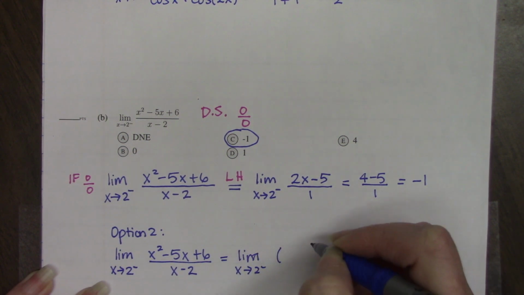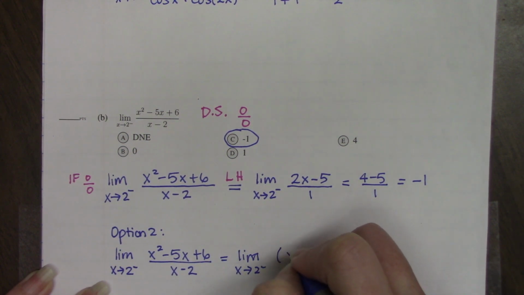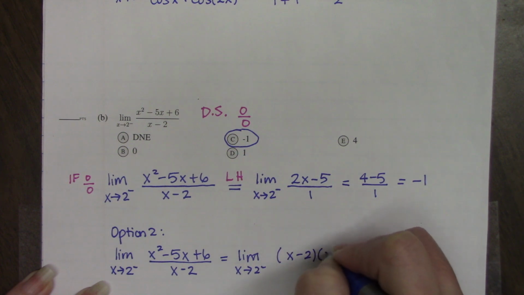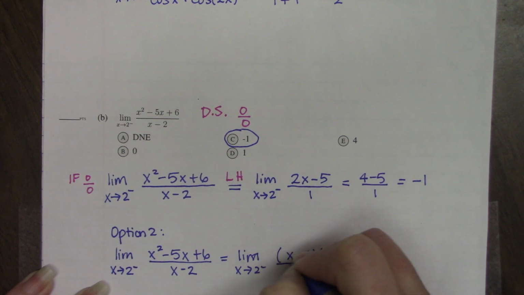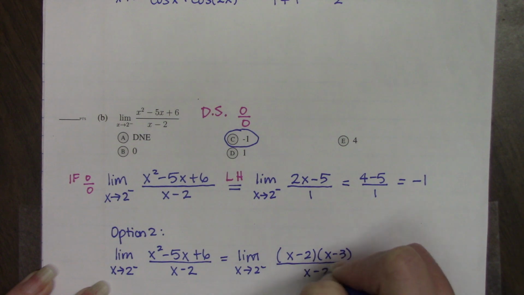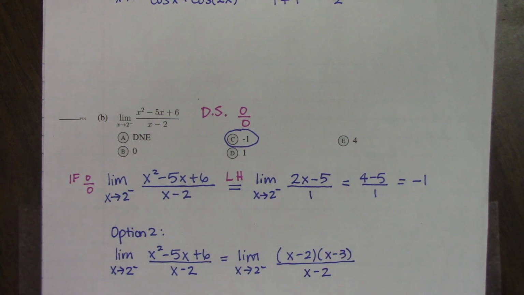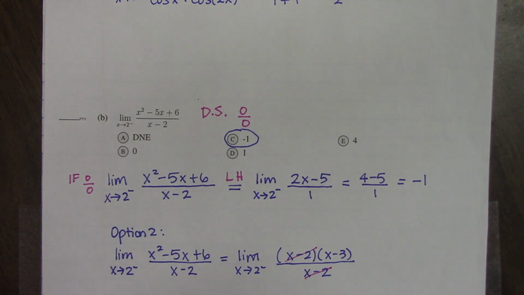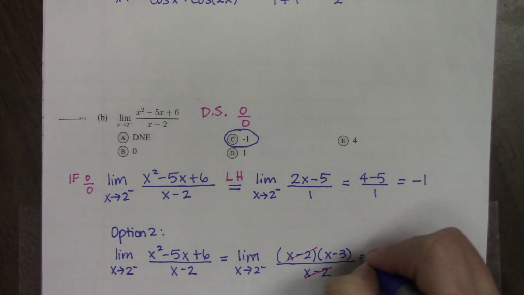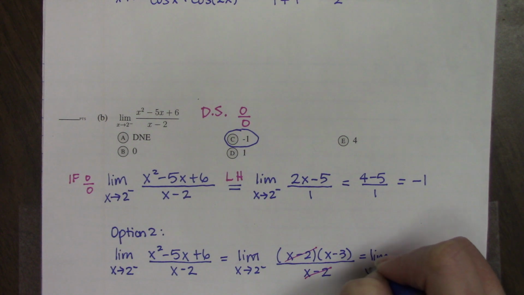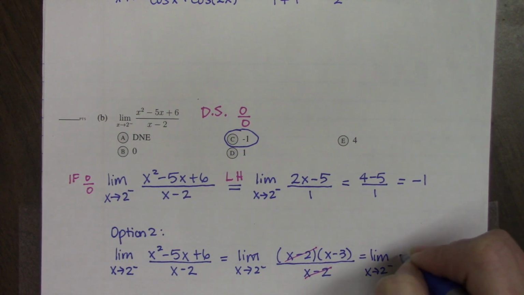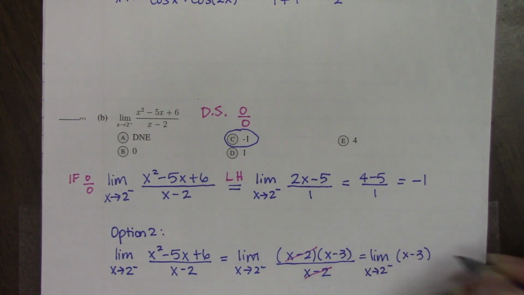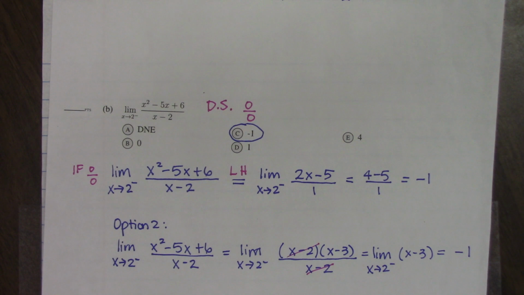I'm going to factor this, and it factors into x minus 2 times x minus 3, over x minus 2. Now we can see that x minus 2 cancels x minus 2. That leaves me with the limit as x approaches 2 from the left of x minus 3. Now when I plug in 2, I get -1. So both return the same answer.